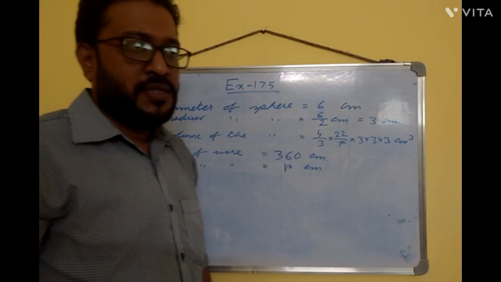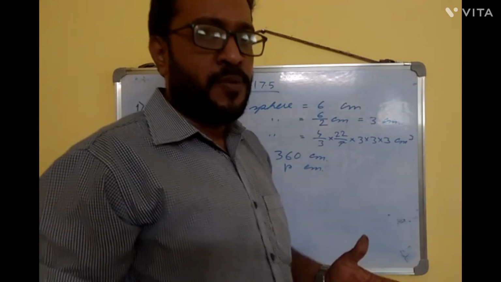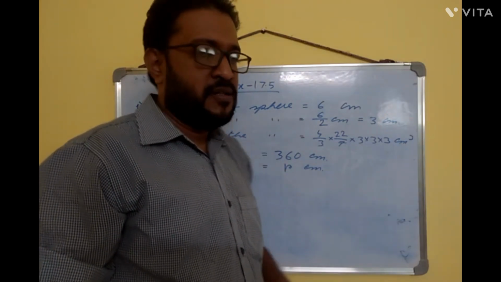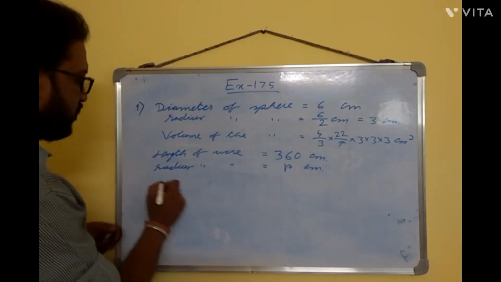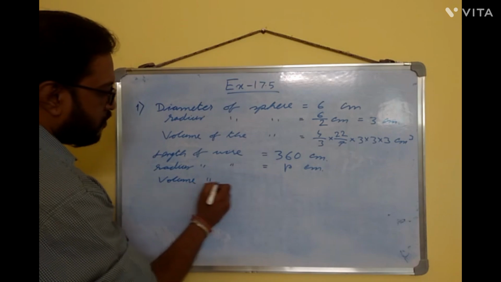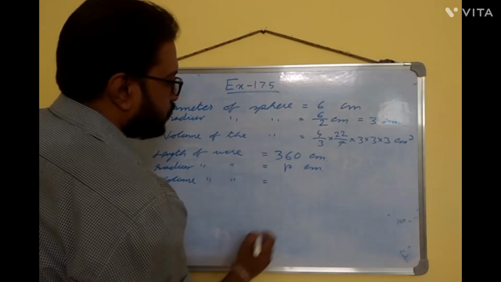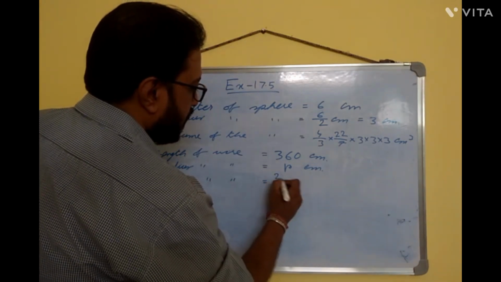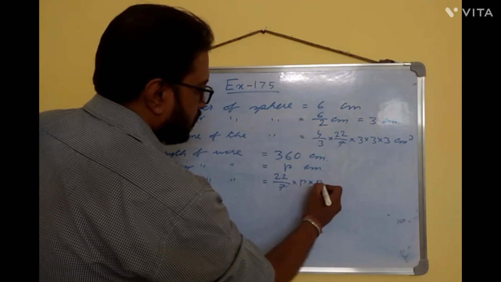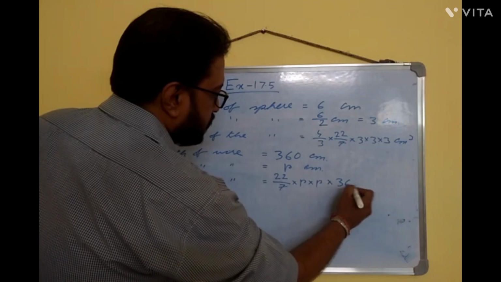As I told you, whenever we are talking about a wire, we consider it as a cylinder. So obviously the volume of the wire equal to pi r square into h.